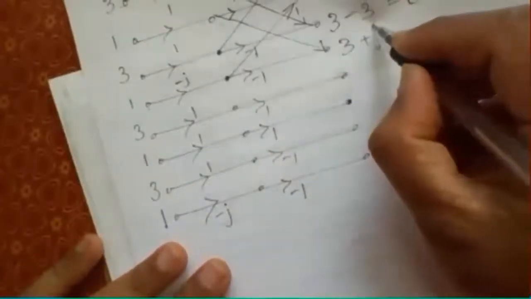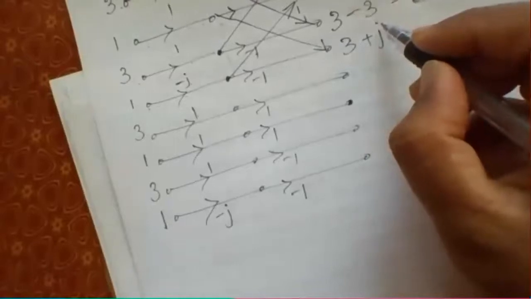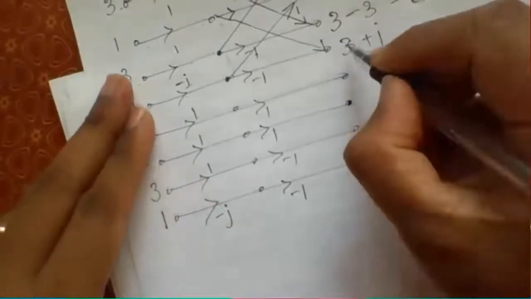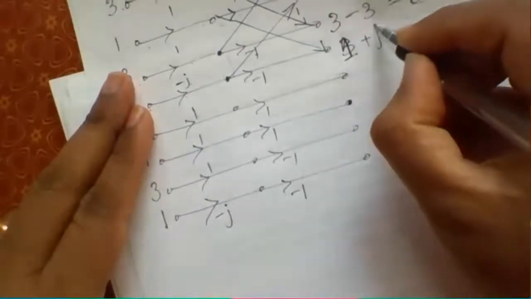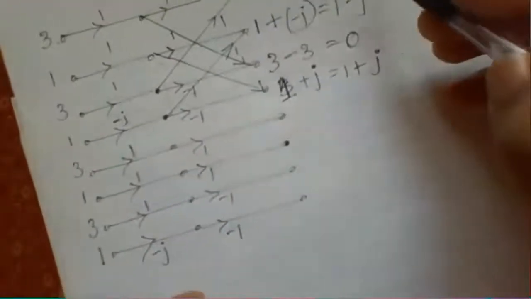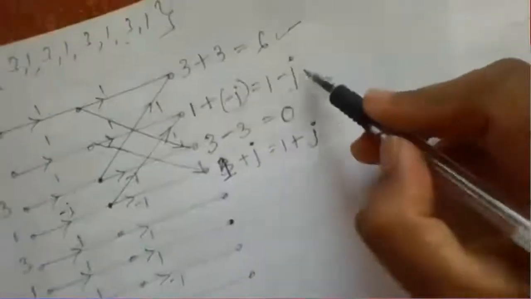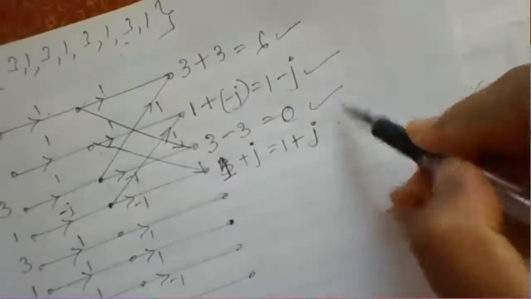So here it is 1 plus j. Therefore the first 4 samples are 6, 1 minus j, 0, 1 plus j.